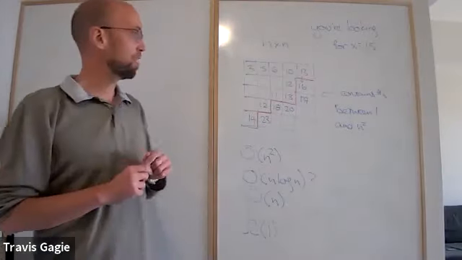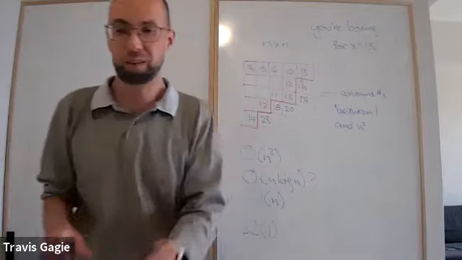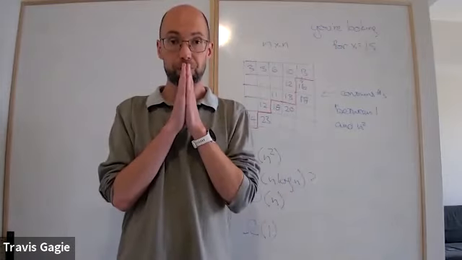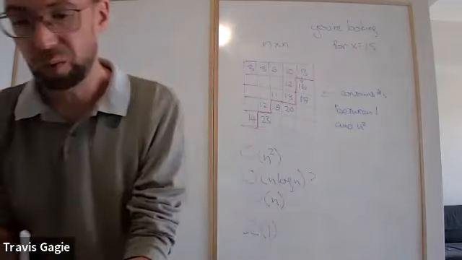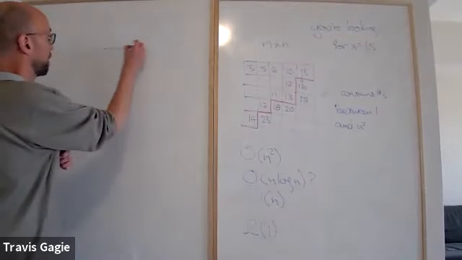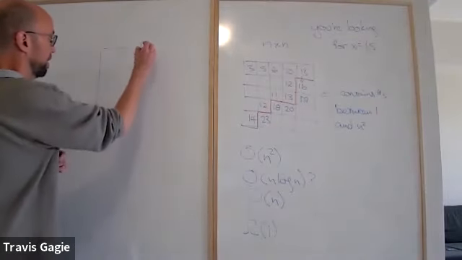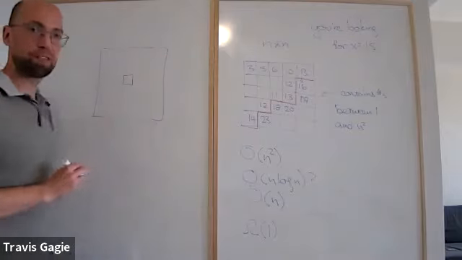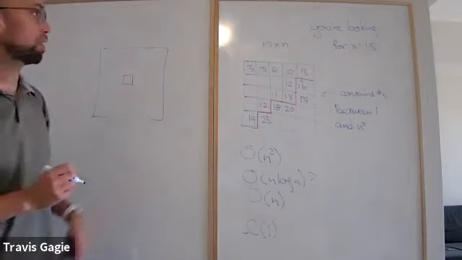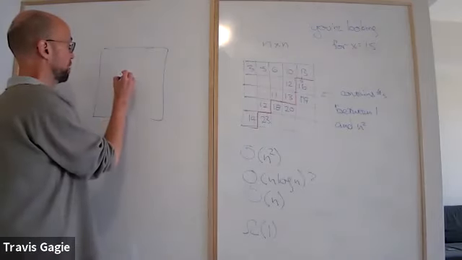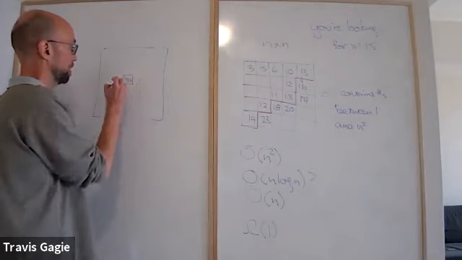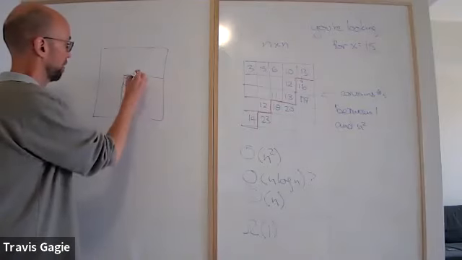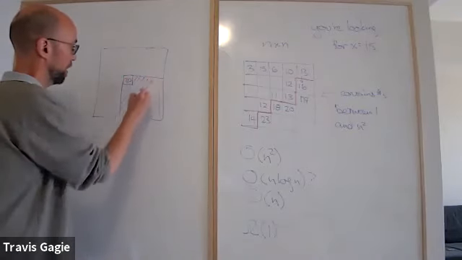But now there's something about this problem. Maybe this is what somebody meant when they said binary search. It feels like what you can do is have the matrix and look at the middle element of the matrix. So if you're looking for x equals 15 and this is 20, then you know that you don't have to look anywhere here.